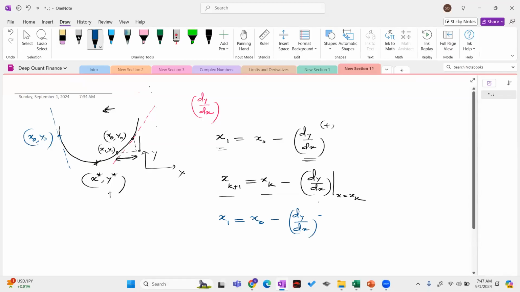Because this is negative, negative, negative will be positive. So my next point will be, let's say here, x1, y1. X1 is greater than x0, but y fell because of the negative slope. So there is one good thing I can see, that the same equation holds no matter what. Doesn't matter where your initial guess is, you can still always use this equation. So this is nice.